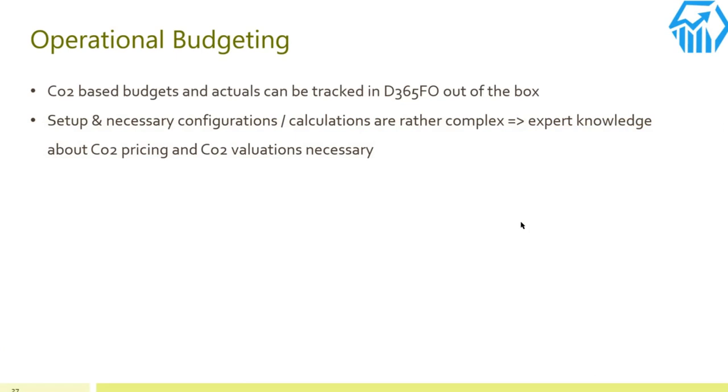So in summary, what I showed you here is how CO2 based budgets and actuals can be integrated and tracked in Dynamics 365 out of the box, in order to implement this sustainability concept in Dynamics. Of course, the setup and the necessary configurations and calculations that I showed you are rather complex. It's not something that you can easily configure without having a deeper knowledge of CO2 pricing, valuations, budget planning setup, financial report setup, and so on.